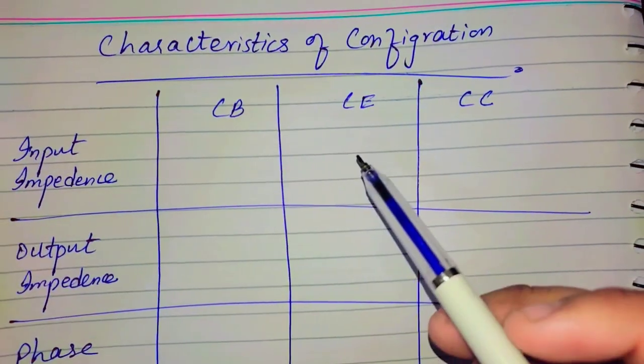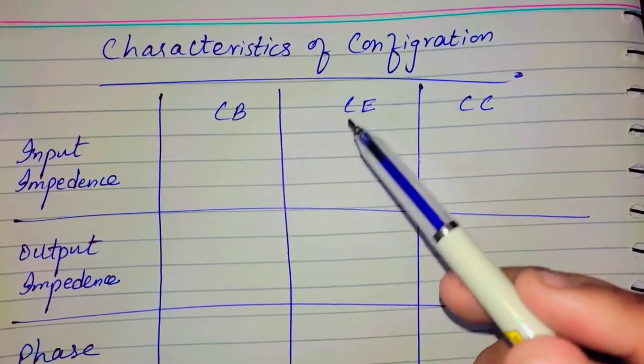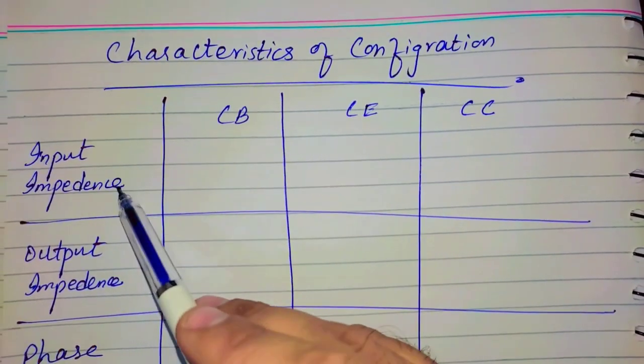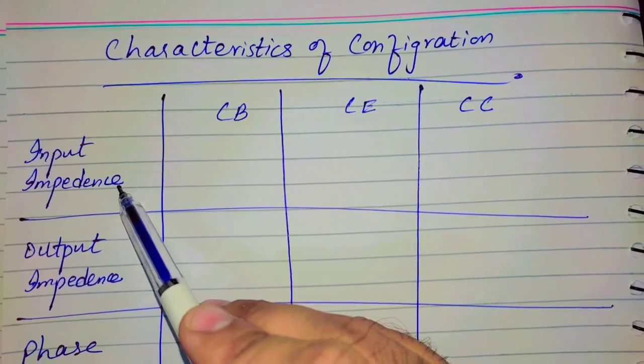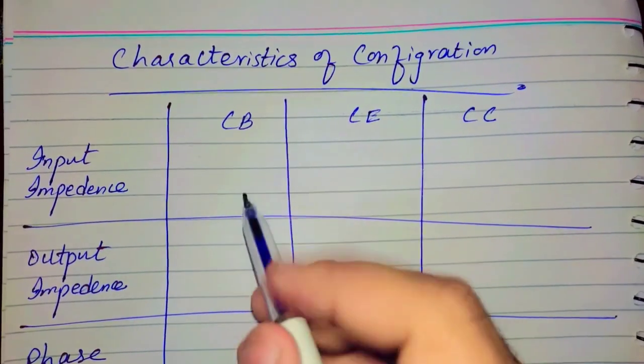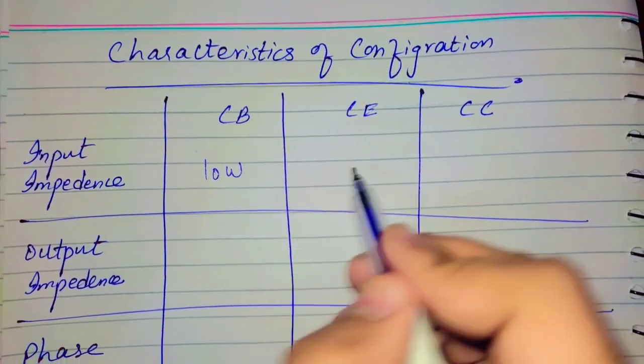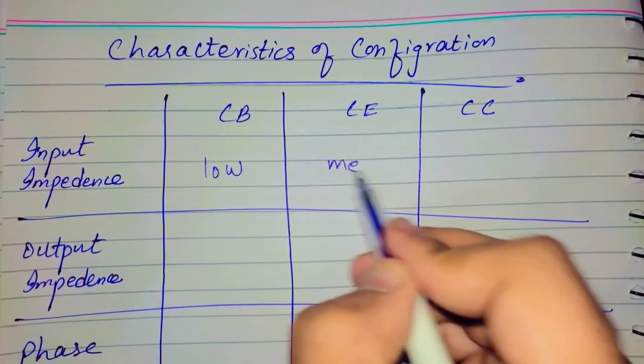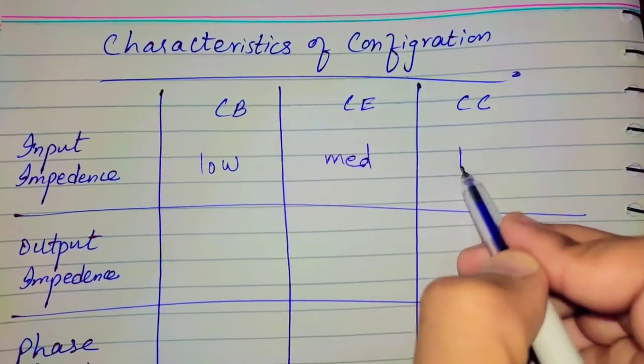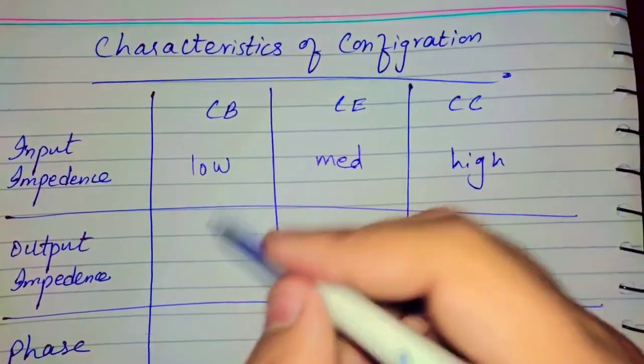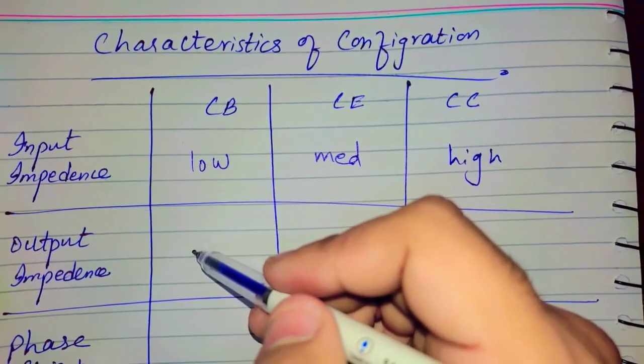Now what are the characteristics of these configurations? First, input impedance. The common base has low input impedance, common emitter has medium, and common collector has high input impedance. Now the output impedance.